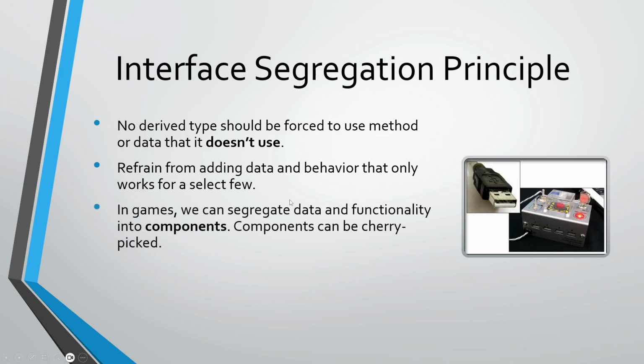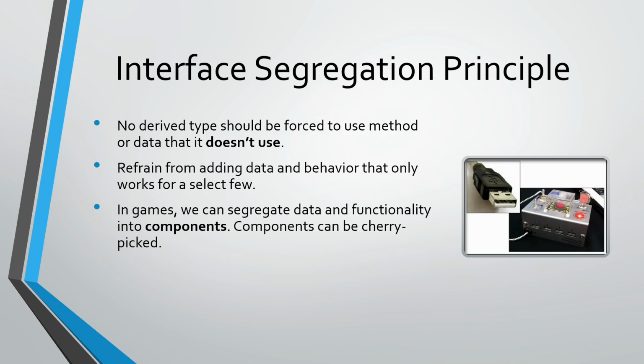In games, we can segregate data and functionality into components. Components can be cherry-picked. So yung kagandahan nito is we're not forced to put everything in the base class. So yes, you can list down all the data and behavior, but that doesn't mean that you're forced to add them all.